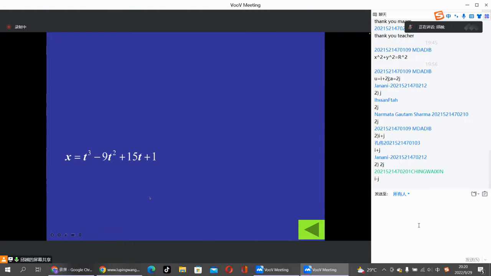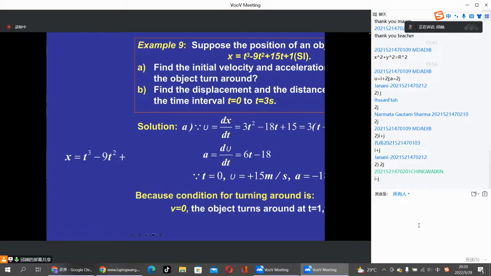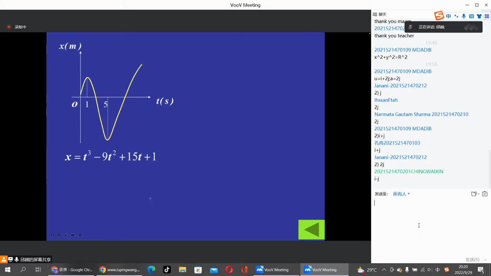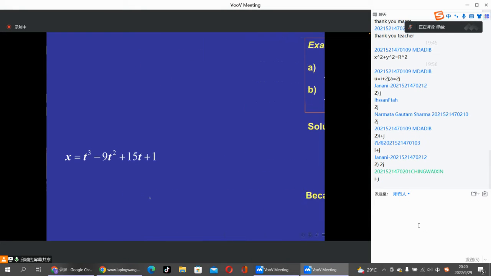And problem B, find the displacement and distance traveled for the time interval t equals 0 to t equals 3. Okay, in order to solve this problem, you need to know how the object moves.